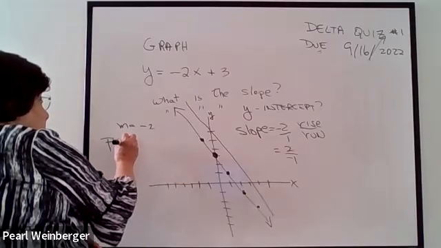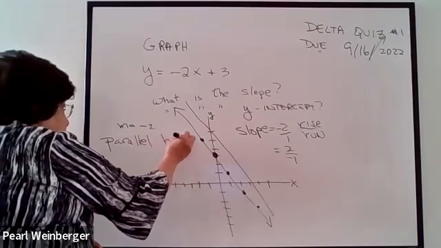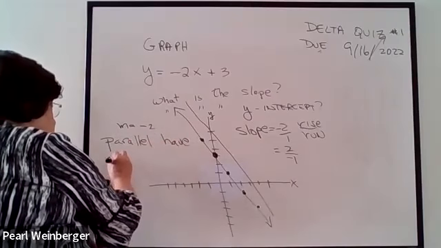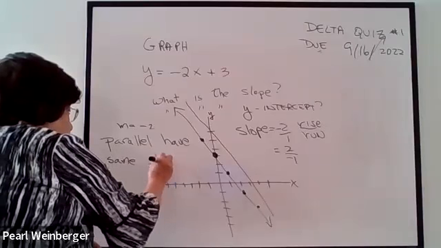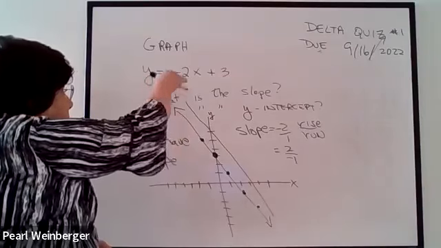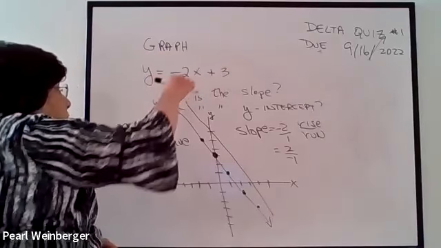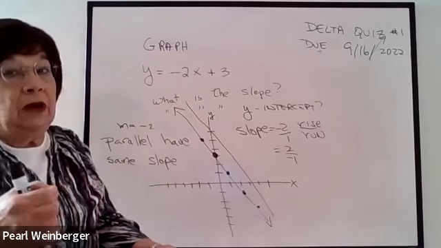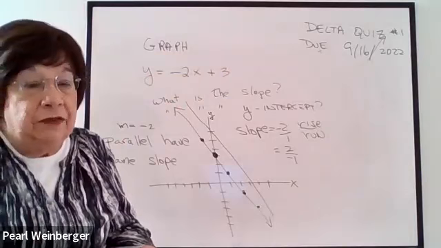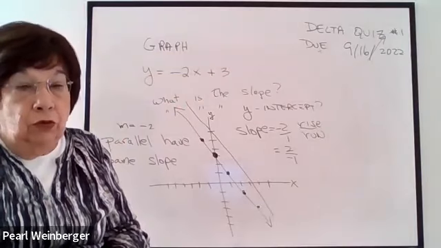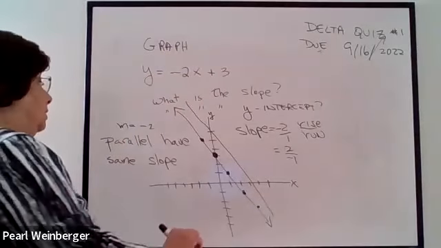Parallel lines have the same slope. So any line that's going to be parallel to the line y equals -2x plus 3 is going to start y equals -2x something, but it has to have a slope of -2 in order to be parallel. We're going to keep this in mind.